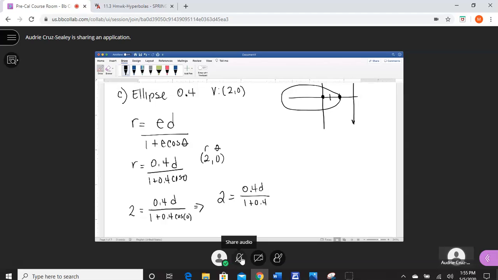And then this becomes an algebra problem. Can't you solve for D? Yes, you can. Okay, so somebody do it to tell me what D is.